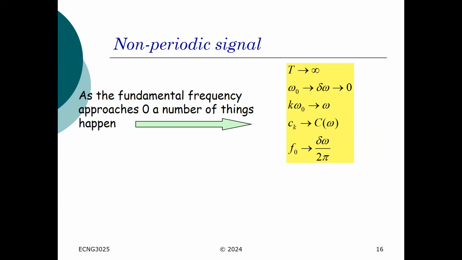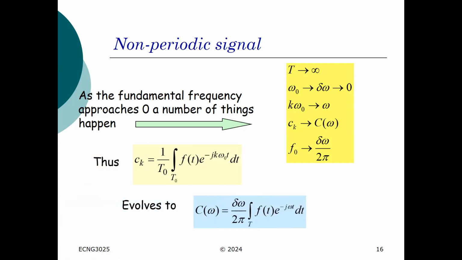So the actual value of omega 0 becomes so small that k omega 0 becomes a continuous function of omega. And the coefficient function, which was a function of k, because the function is now continuous, has gone from c subscript k to some continuous function of omega.